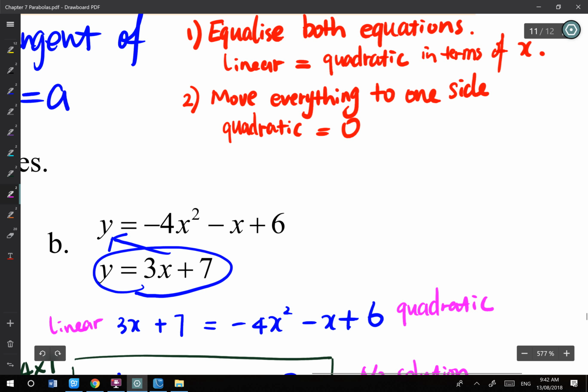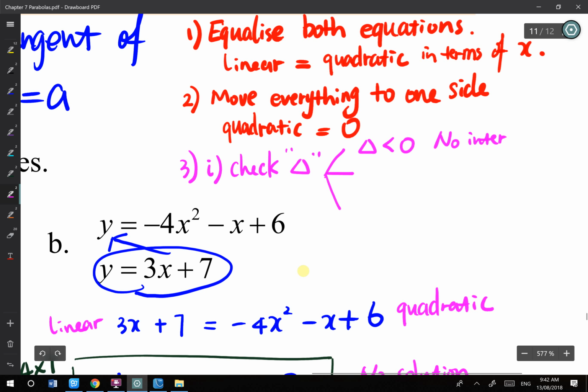I can go 2 more steps from here. I can go for 3i. Check the discriminant. If the discriminant is less than 0, you will conclude that there's no intersection.